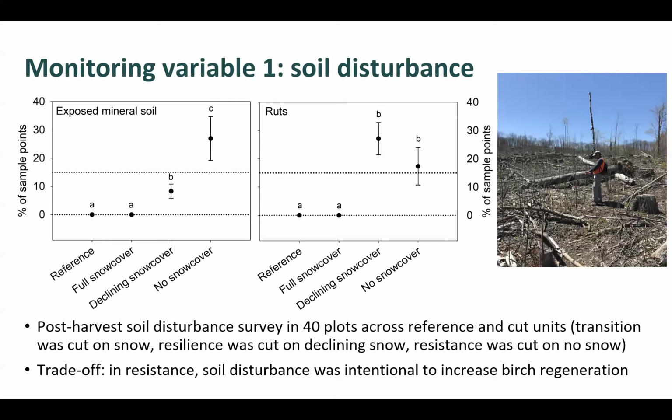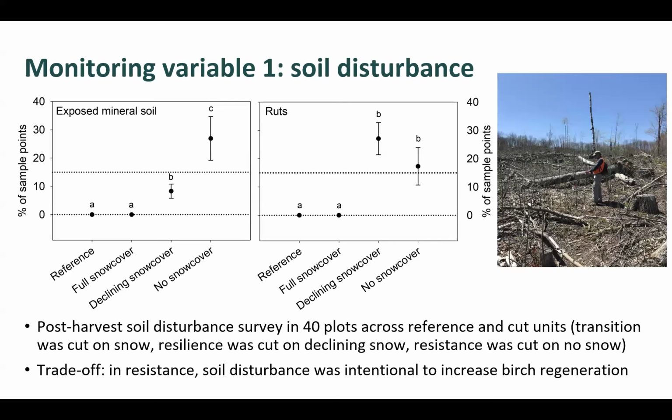And what you see, probably not surprisingly, is that as you move from left to right on this gradient of declining snow, you see more soil disturbance, whether that is exposed mineral soil where the organic horizon was scraped away, or ruts being another type of soil disturbance that is readily observed and measured with something as simple as a ruler. Ruts due to processor tracks or forwarder tracks, for example.